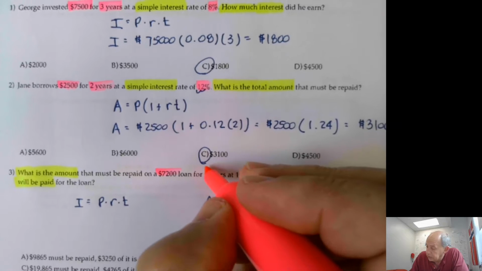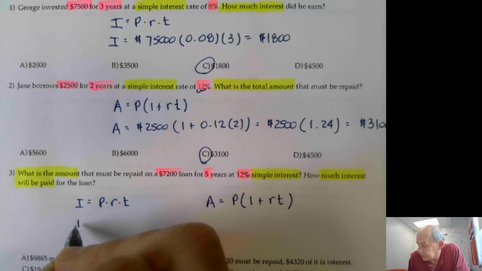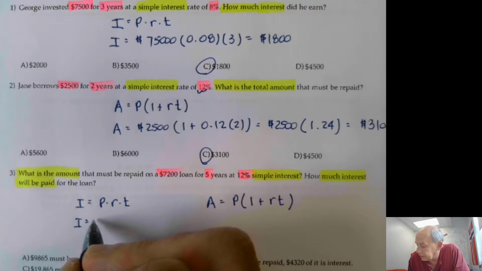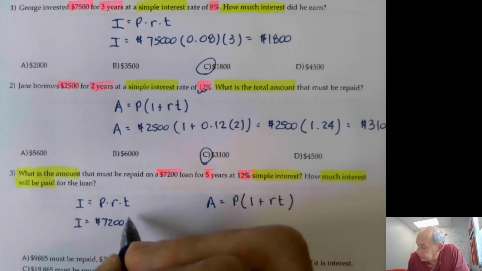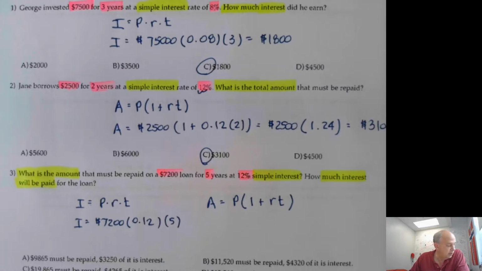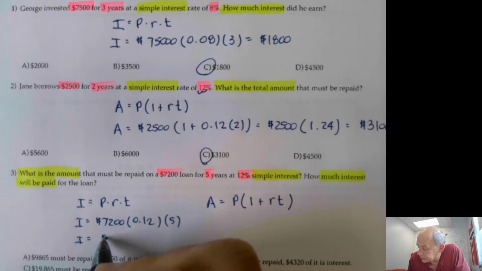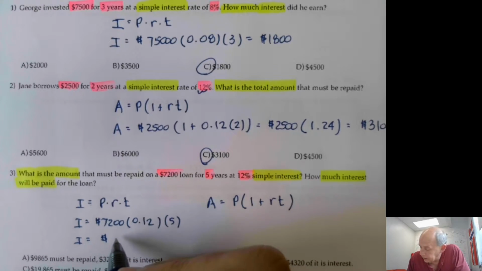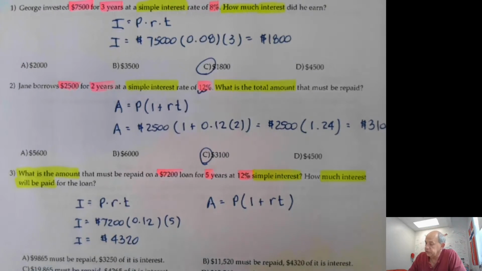The numbers that I'm going to plug into this equation are 7,200, 5 years at 12%. So let me just plug those in. 7,200. My interest rate is 0.12, and I'm going to leave it sit in the bank for 5 years. When I multiply all of these numbers together, I get 4,320 for my interest.